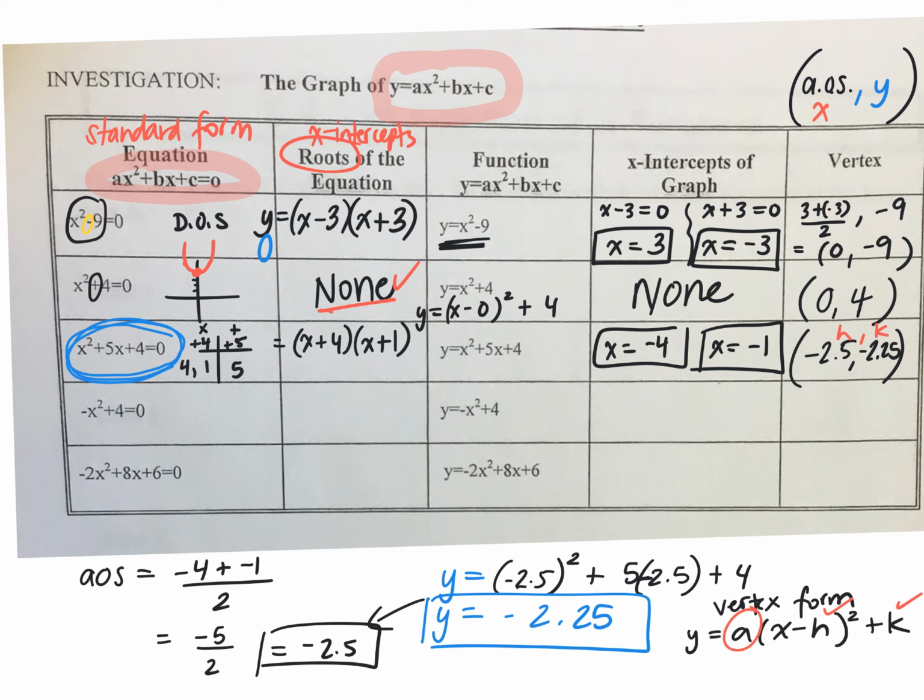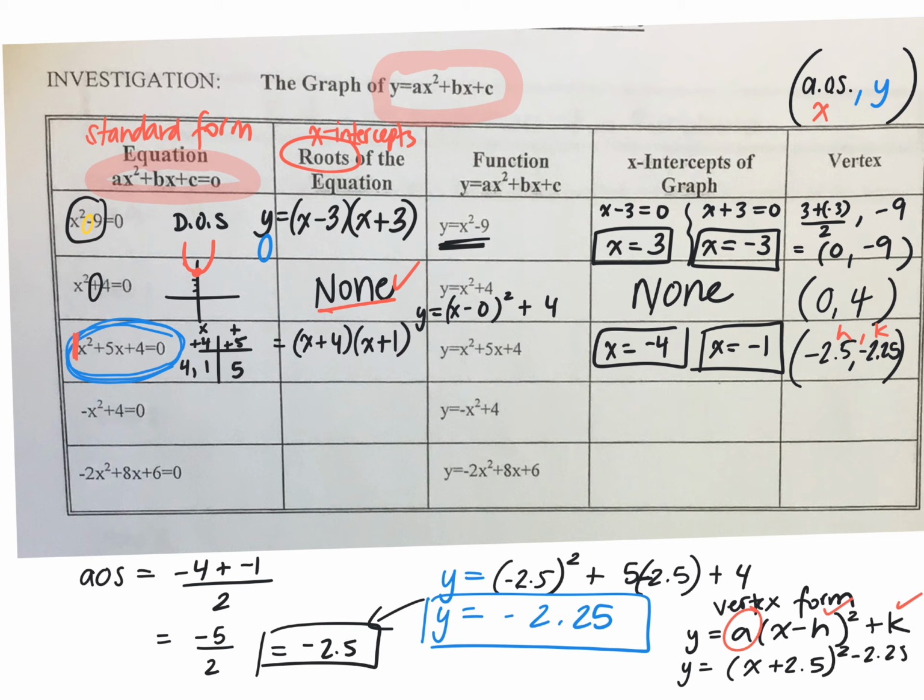What is a in this question? 1. It's a 1, right? There's no stretch or compression. So what's the equation in vertex form? y equals x plus or minus negative 2.5. Plus. Good. Squared plus or minus 2.25.